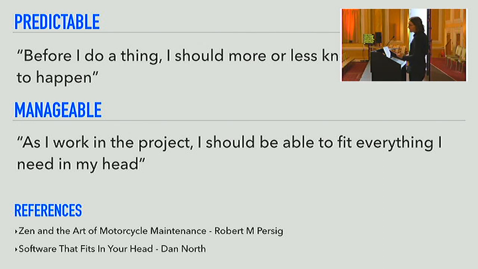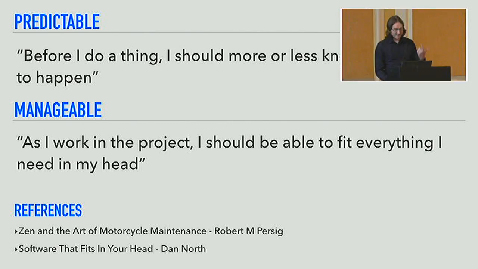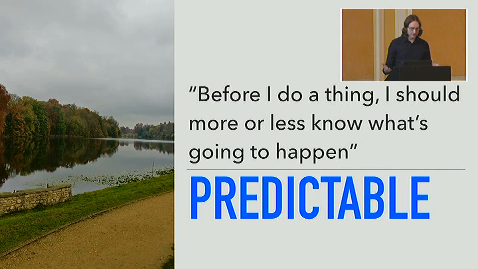These interact quite well. If something's predictable, it can probably leave your head, which makes everything a little bit more manageable. Dan North talks about software that fits in your head. I like that as a concept.